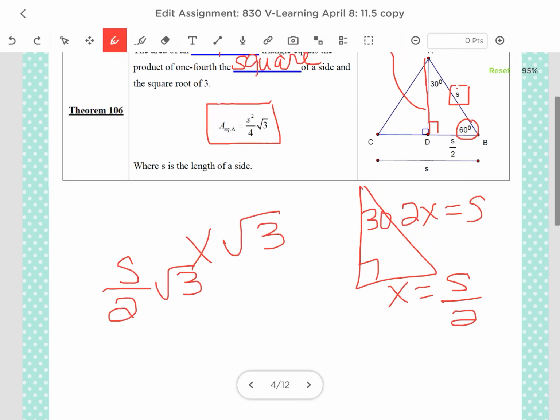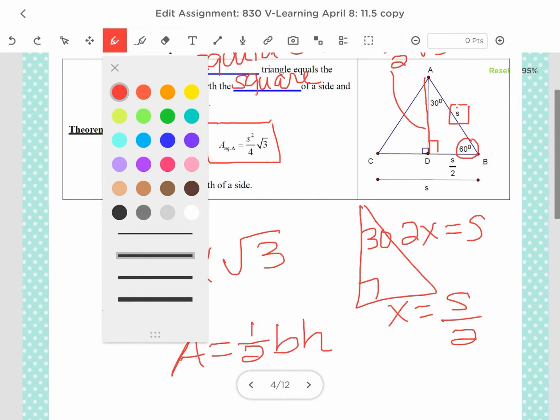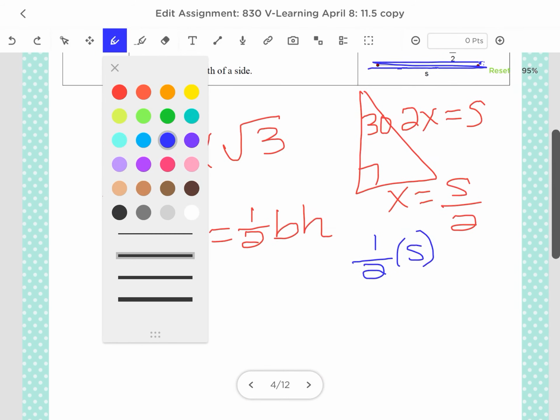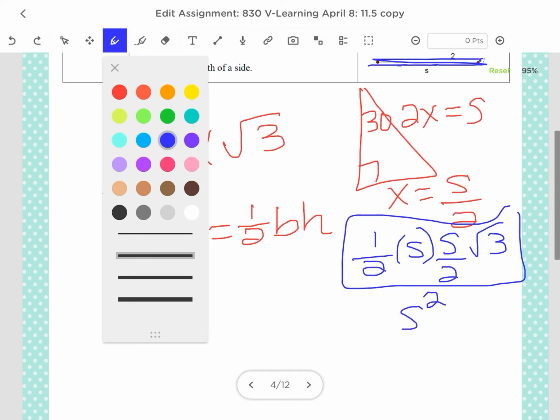You also know that the formula for the area of a triangle is area equals 1/2 the length of the base times height. So since the base of this triangle is given to you right here as a variable s, and the height is represented by s over 2 times root 3, if we were to simplify this, we know that s times s is s squared.